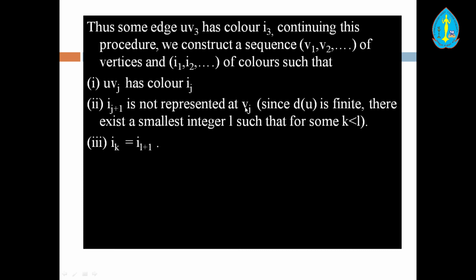Since D(U) is finite, the number of edges incident at U is finite, therefore there exists a smallest integer L such that for some k less than L, ik equals iL+1.